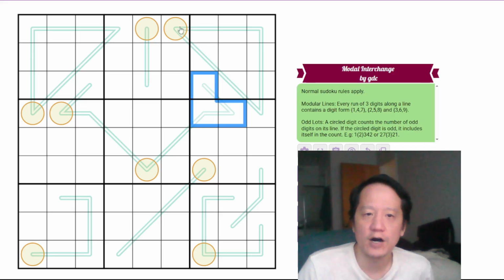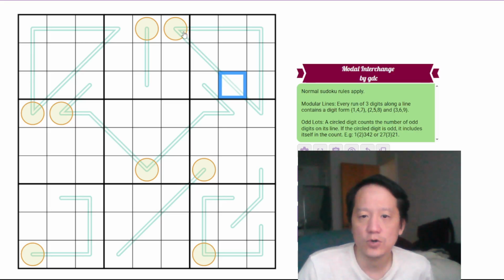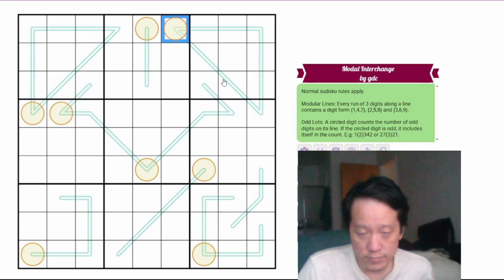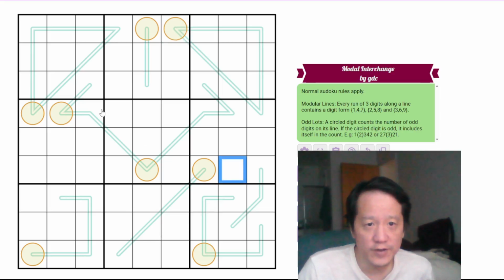We also have odd lots, where a circle digit counts the number of odd digits on its line. So if the circle digit is odd, it includes itself in the count. For example, I'm trying to find a 5 length one to match this.